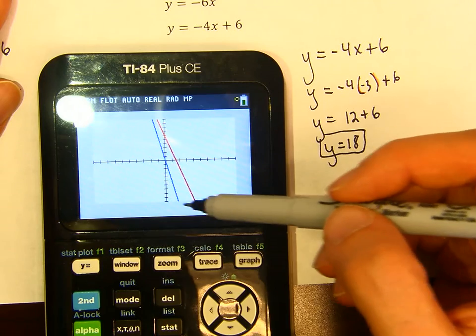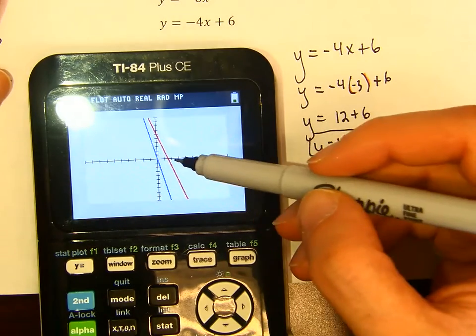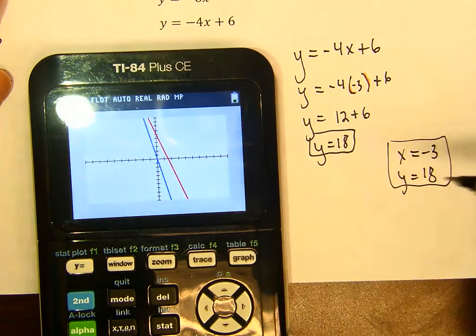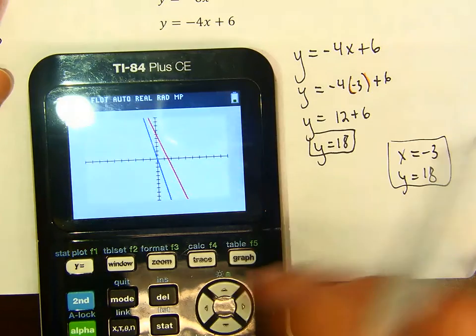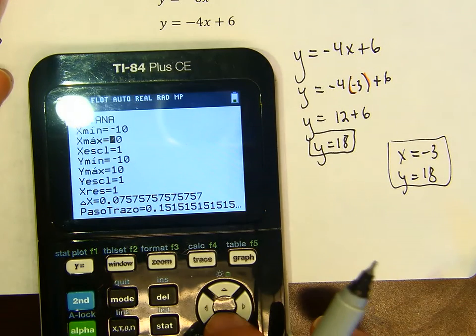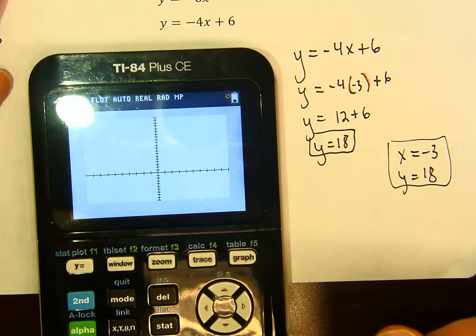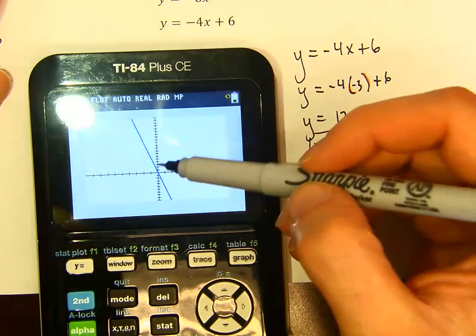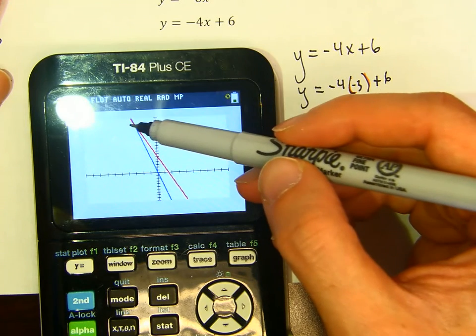You can't see where they intersect, because it should intersect at negative 3 and positive 18. So I need to go to window and change my Y max to like 20. Now I can see more of the top, and they intersect right over here.